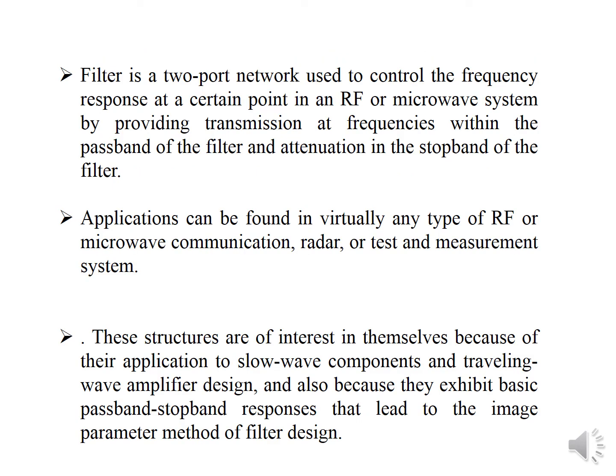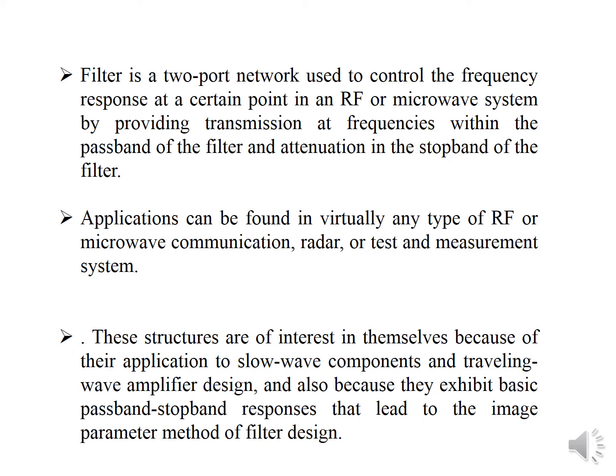A filter is nothing but a two-port network. We can use this two-port network to control the frequency response at a certain point in an RF or microwave system. We can provide transmission at any frequency within the passband of the filter, as well as attenuation in the stop band of the filter.